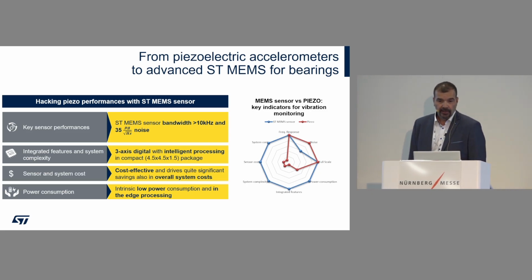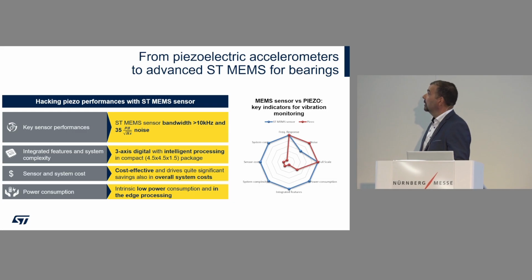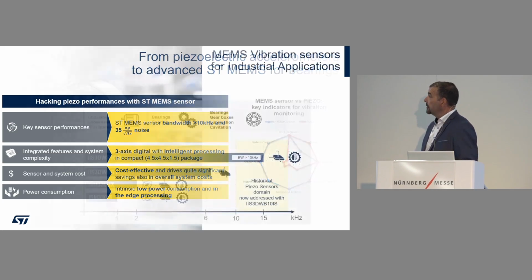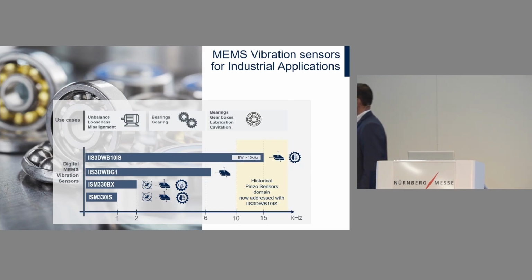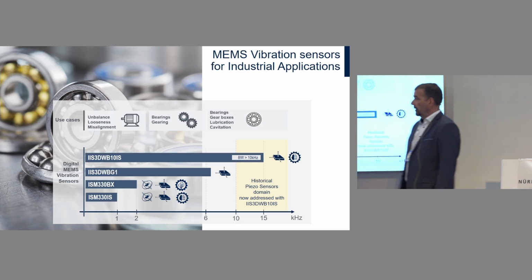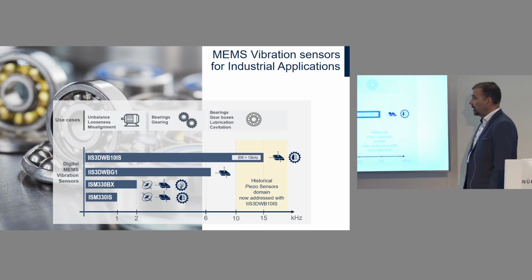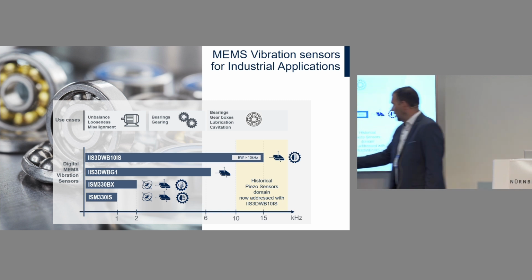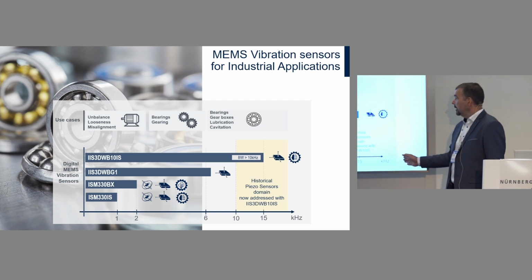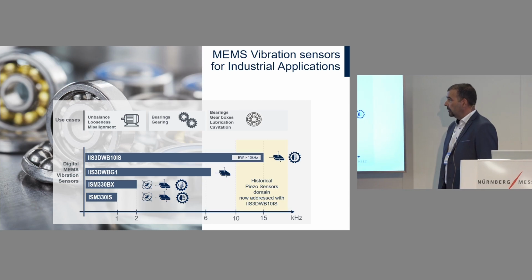So now let's have a look at the portfolio of our vibration sensors. What you can see in this chart is that we have 4 different ranges of components which are suitable for different applications, differing in the frequency bandwidth they are capable of capturing.